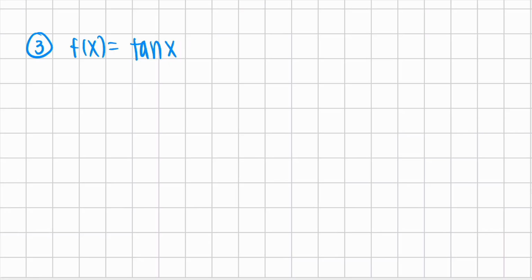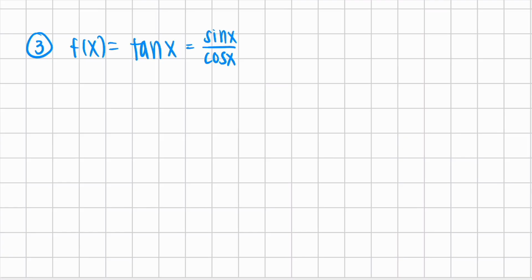Number 3 is a derivative. We want to take the derivative of tangent of x. Now, this is a derivative that you can memorize, and we actually recommend that you do memorize it. But for this video, let's say that you don't remember the derivative of tangent. But we should know that tangent equals sine of x over cosine of x. And it is a lot easier.